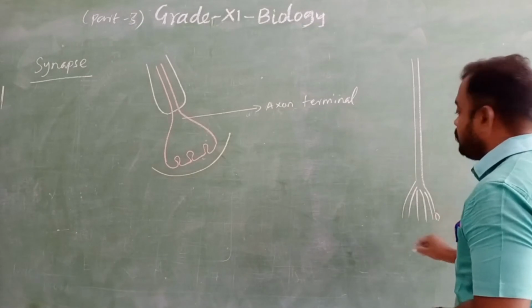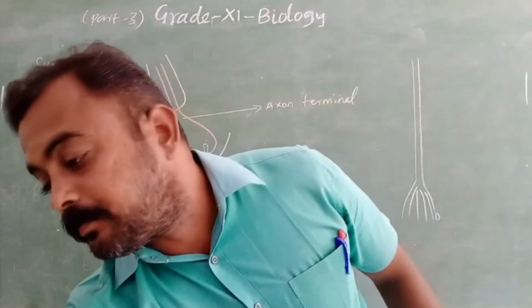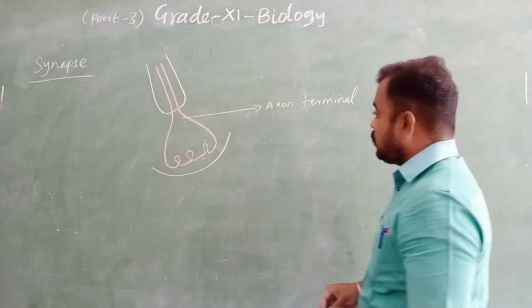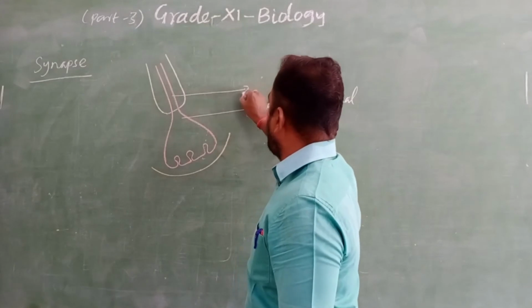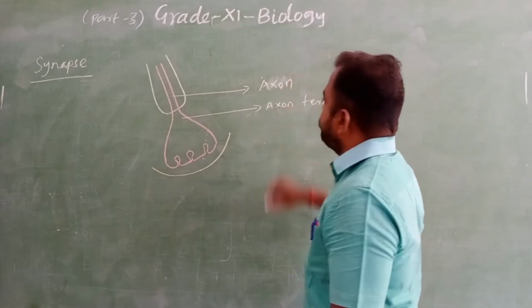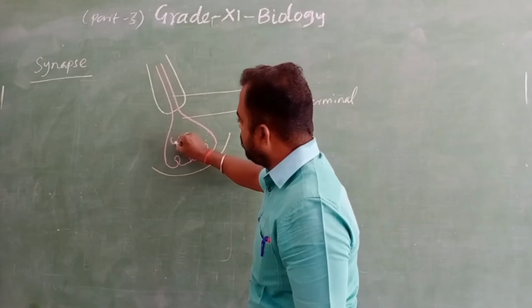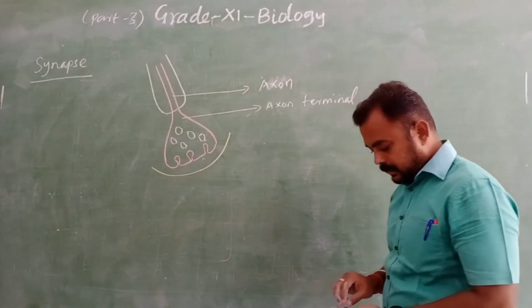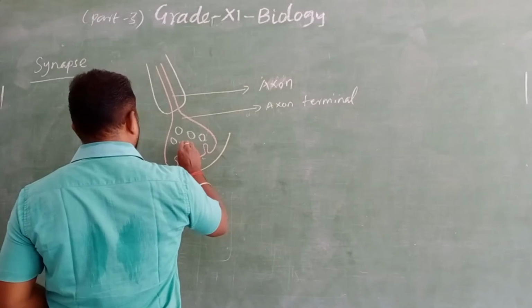Here we have the nerve, so that area is the final terminal of the axon. Here we have some vesicles. In them, neurotransmitters are present.